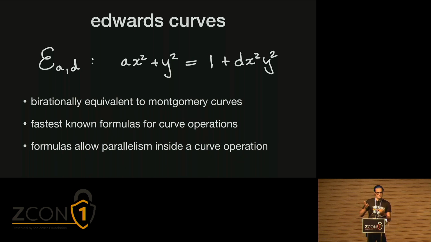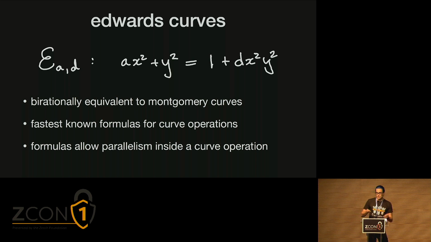So if that doesn't mean anything, it's sort of like isomorphic, except on a finite set of points. And they're nice because they have the fastest known formulas for curve operations, which was published in 2008 by Hisil, Wong, Carter, and Dawson.